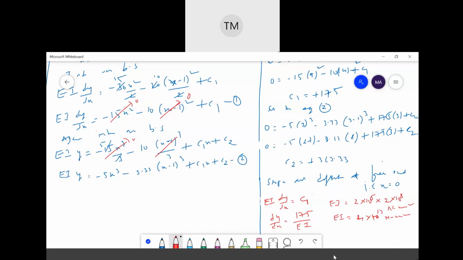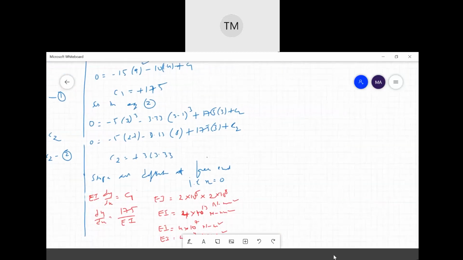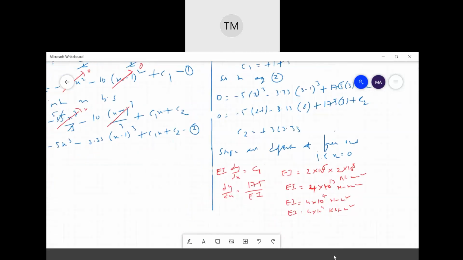I am converting into meters. EI is equal to 4 into 10 power 7 Newton meter square. Here meter square is 10 power 6, so you have 7. You can write it as EI equal to 4 into 10 power 4 kilonewton meter square. Is it clear?